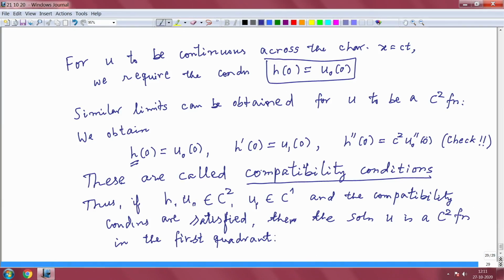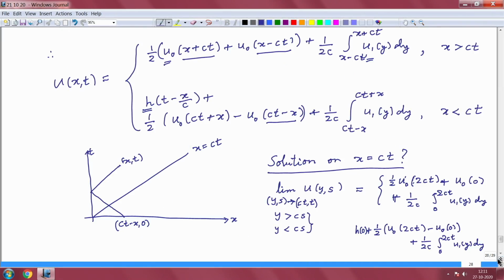So, here there are three conditions. In case any of the compatibility conditions is not satisfied, then you will suffer the corresponding discontinuity, either in the function itself or in the derivative, across this characteristic. Again, just recall that any discontinuity in the initial condition propagates along the characteristics.